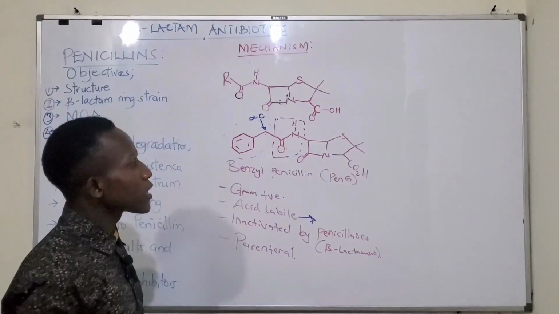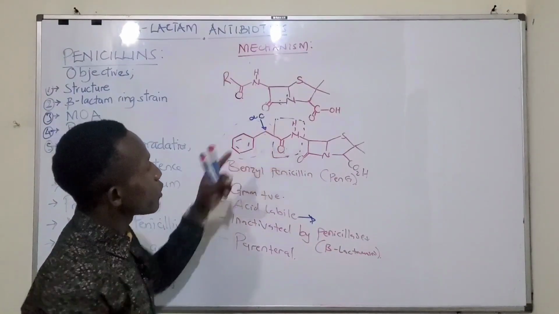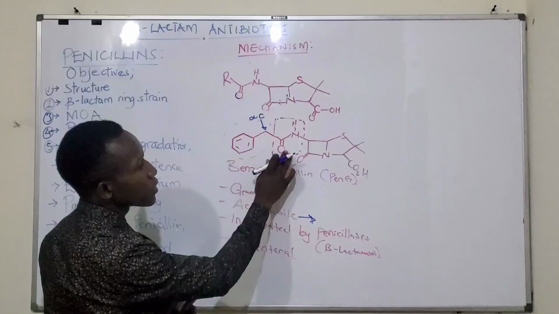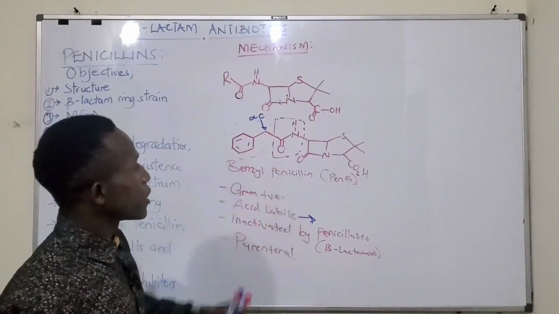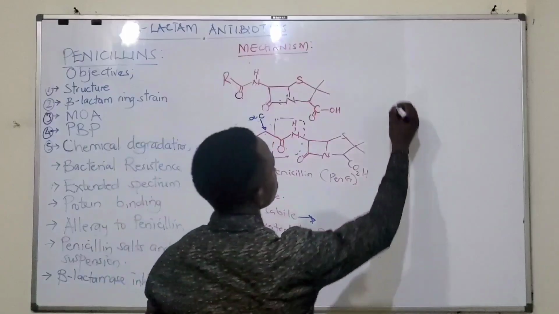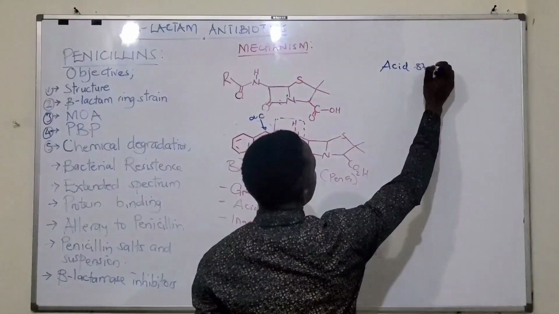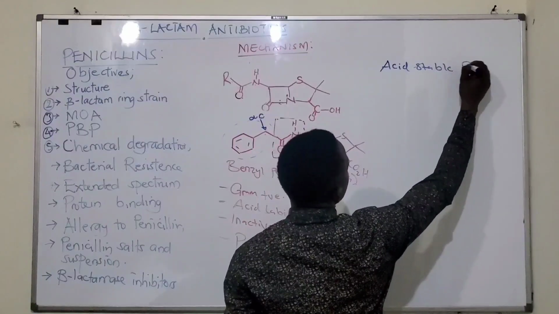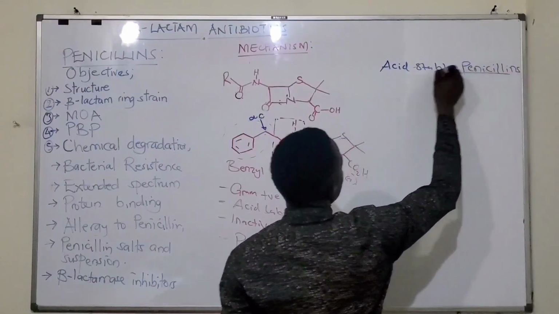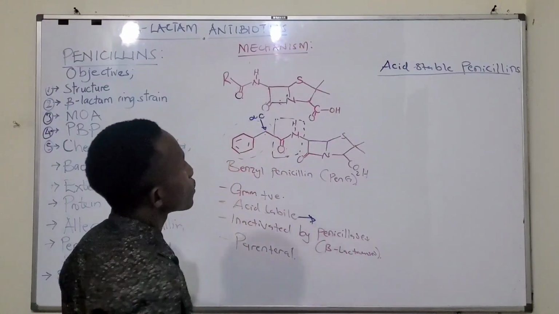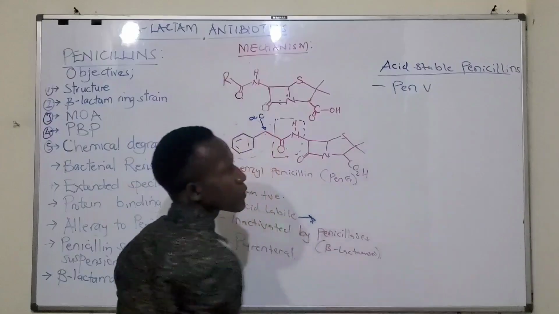That mechanism of acid instability won't occur, because if we put a substituent here which prevents these electrons being available, we are making it stable. For example, let's see acid stable penicillins, for example, pen G, pen V.